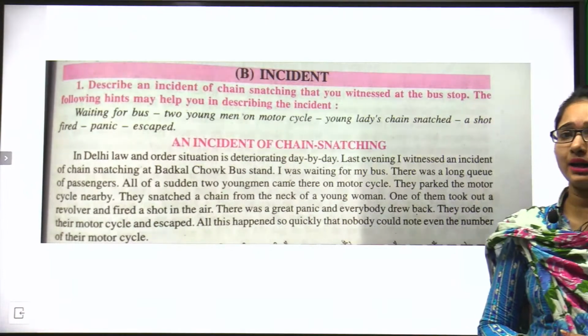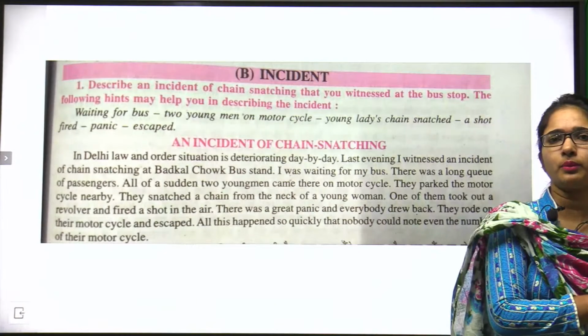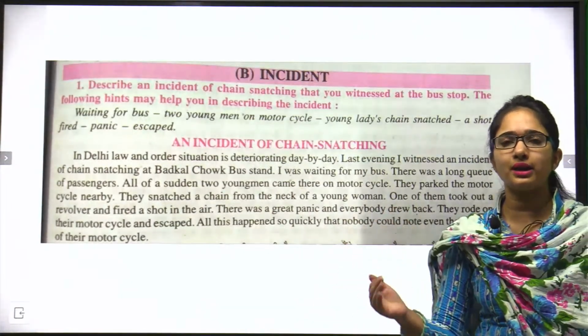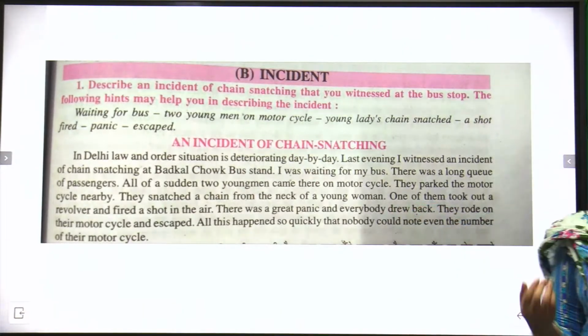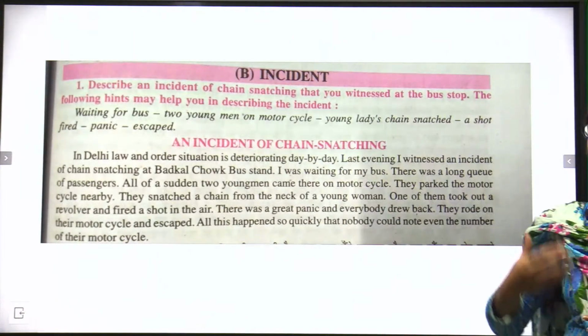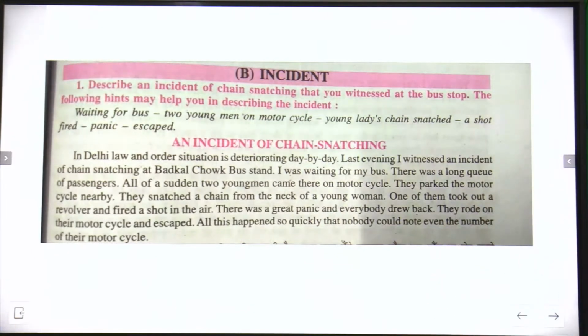There was a great panic means everyone was frightened. Someone was running from here, someone from there, and all the people drew back. No one had the courage to go against those thieves, those dacoits.